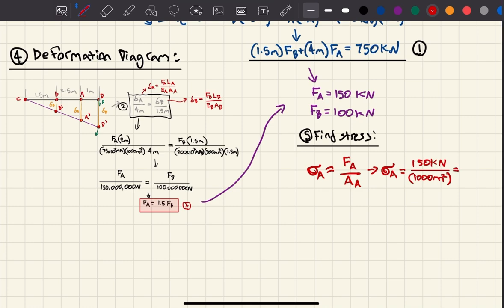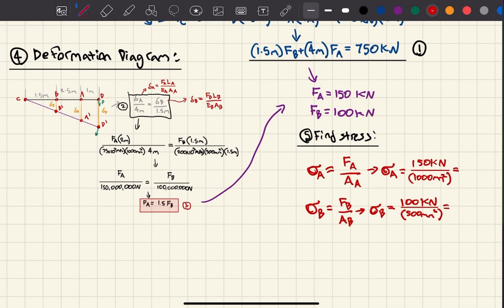For bar B, it's the exact same thing, but with its respective force and respective area, 500 millimeters squared.